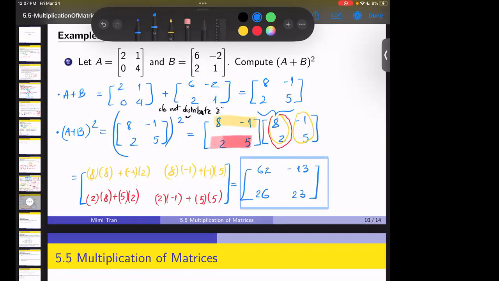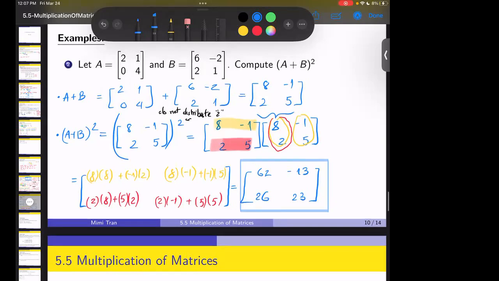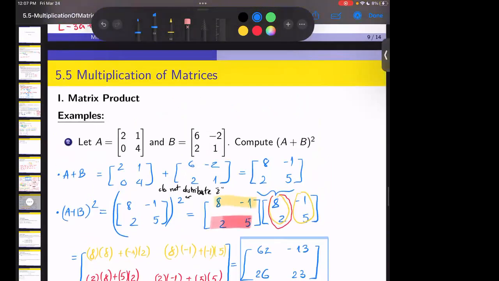And it's going to be the same. Next one, you still have to finish this matrix, right?